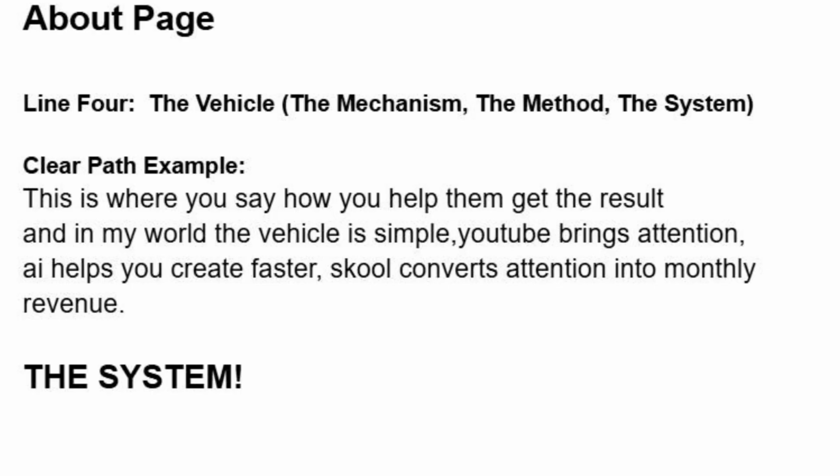People need to know you don't have to have motivation, you have to have a path. This is where you say how you help them get the result. And in my world, the vehicle is simple. YouTube brings attention, AI helps create it faster, and school converts attention into monthly revenue.